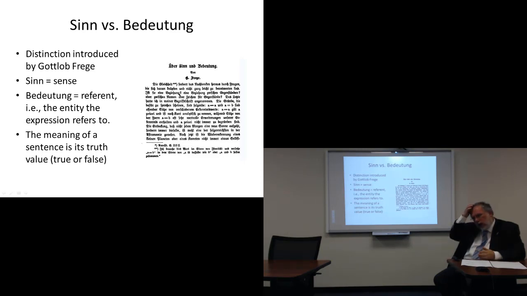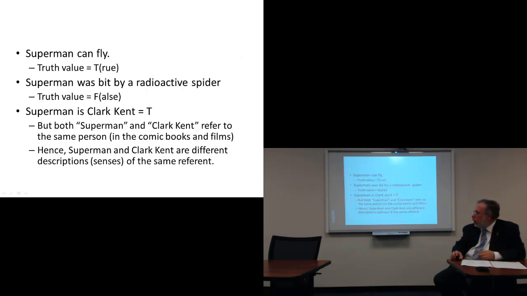And more specifically, as Frege put it, the truth value. Okay? So what do we mean by this? Well, let's look at a sentence here. So I say, Superman can fly. Right? Now, assuming that Superman is real, okay? We're not going to go into fictional worlds, okay? But let's assume that it's real.